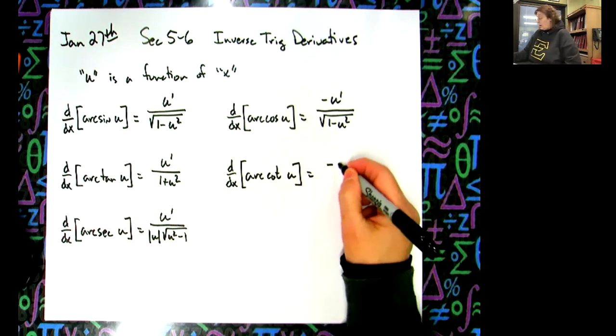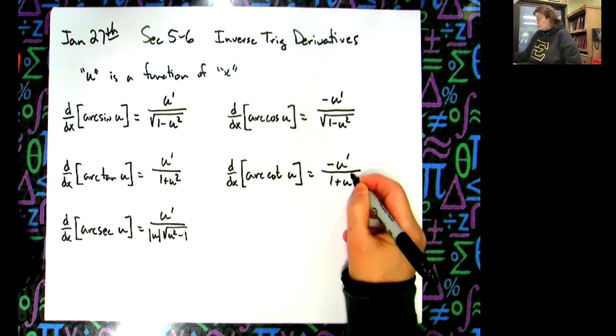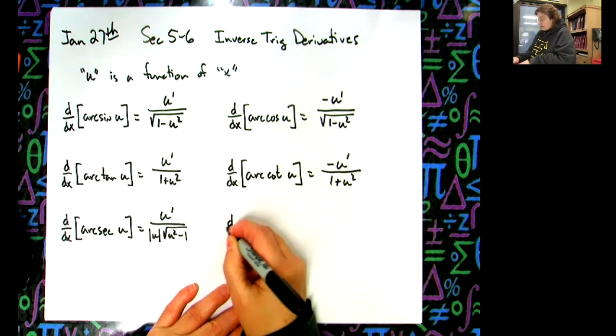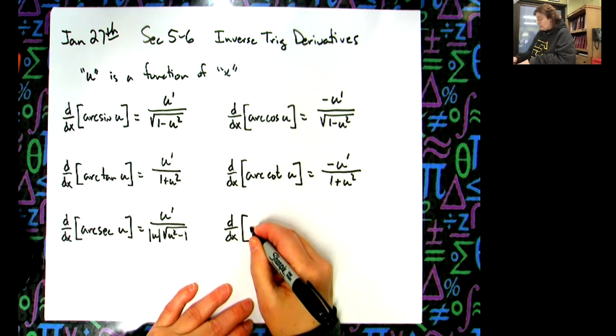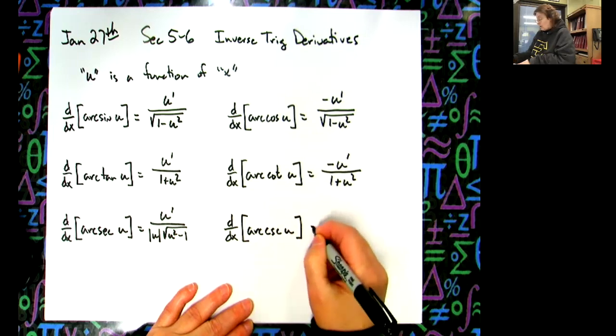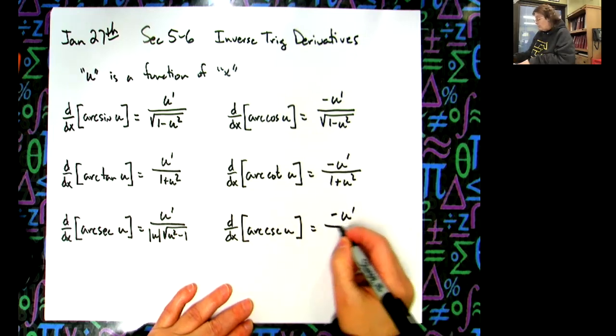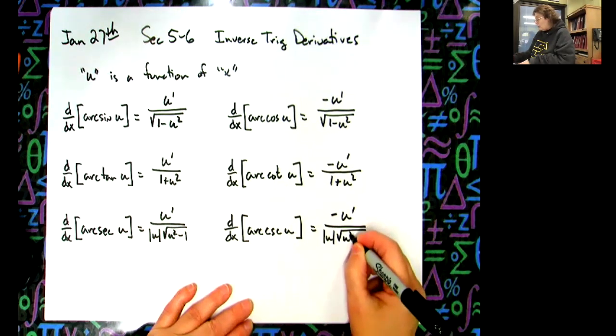That's going to be negative u prime all over 1 plus u squared. And then the derivative of the inverse cosecant of u, and that's negative u prime all over the absolute value of u, square root of u squared minus 1.